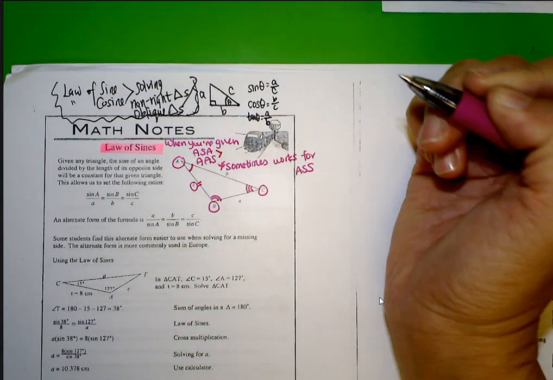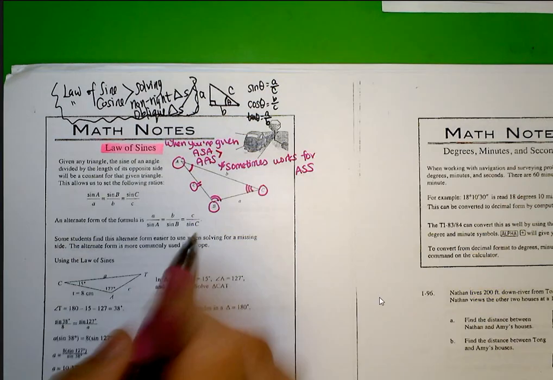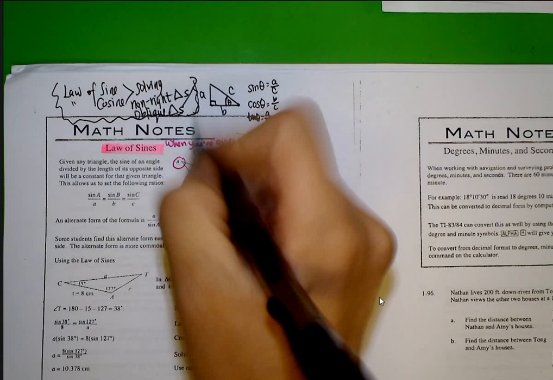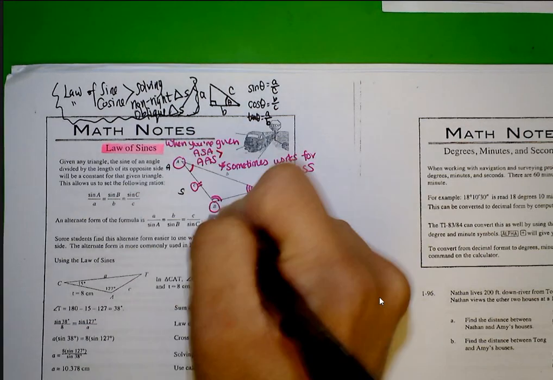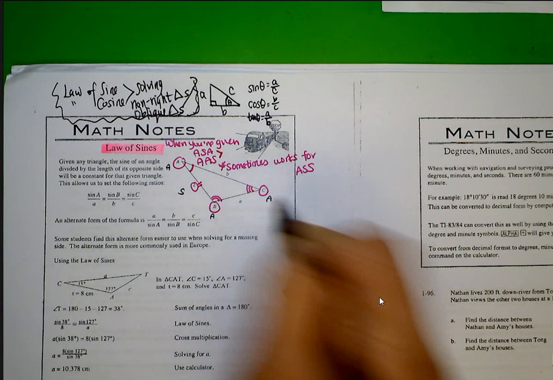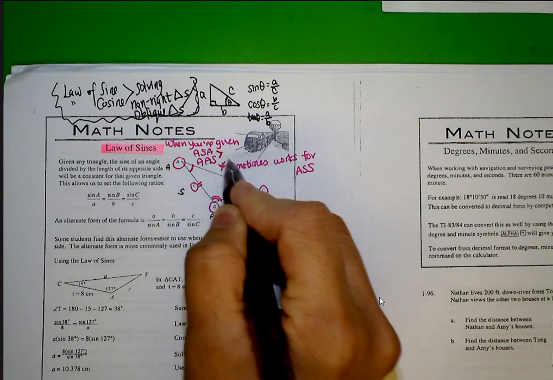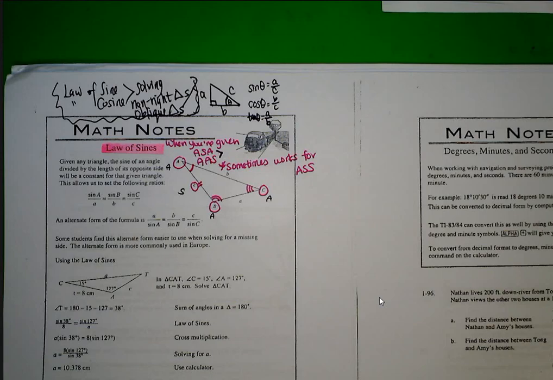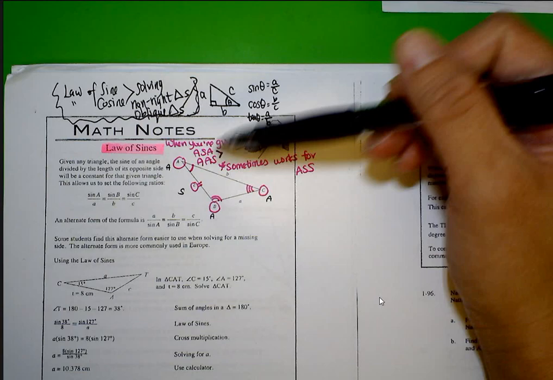If you have angle, side, angle, then you automatically have side, angle, angle as well, or angle, angle, side. So these are really the same, and the law of sines works for that.